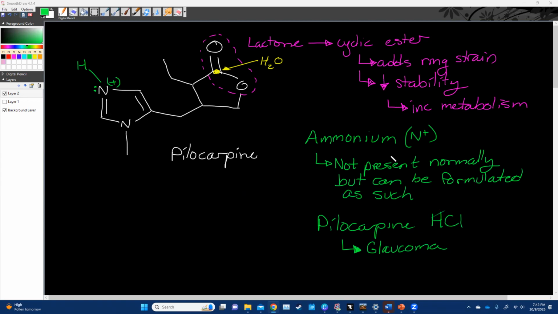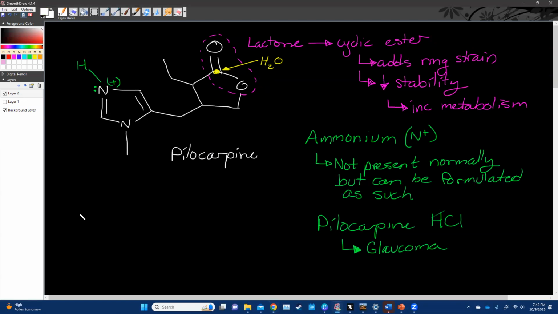So the big thing to take out of this is that just because there isn't the quaternary ammonium nitrogen to begin with doesn't necessarily mean we can't formulate it to come about. And this is where we talk about this other drug, cevimeline.